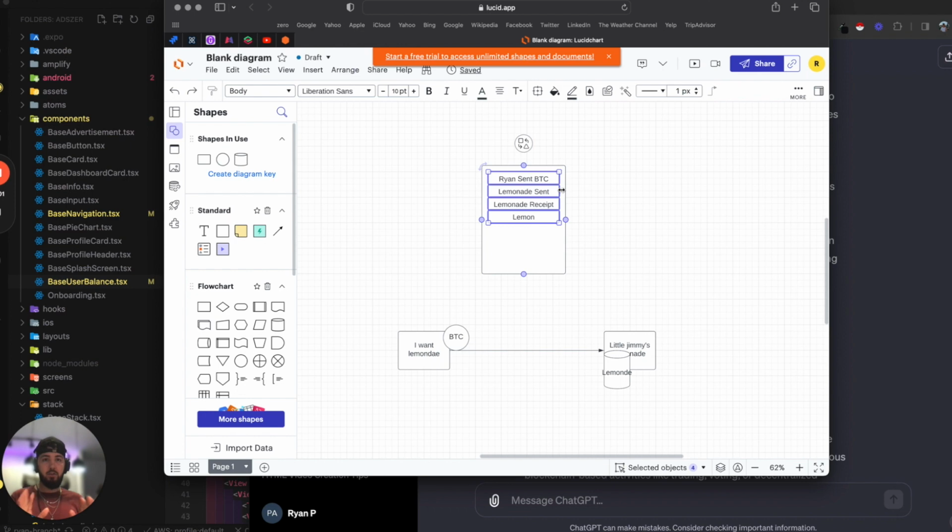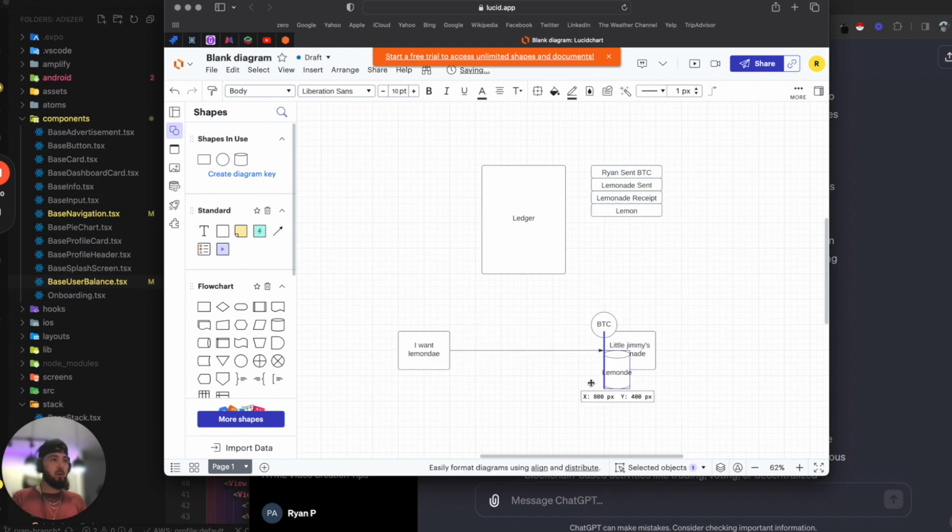And from my understanding of it, and we're going to dive a little bit more granular of it, but let's say the transaction does go through. So I send Little Jimmy the Bitcoin. He simultaneously is going to send me the lemonade. And the function is going to be in a holding area until that function of both the Bitcoin gets verified that it got sent over and the lemonade gets sent over, or verified that it got sent over.